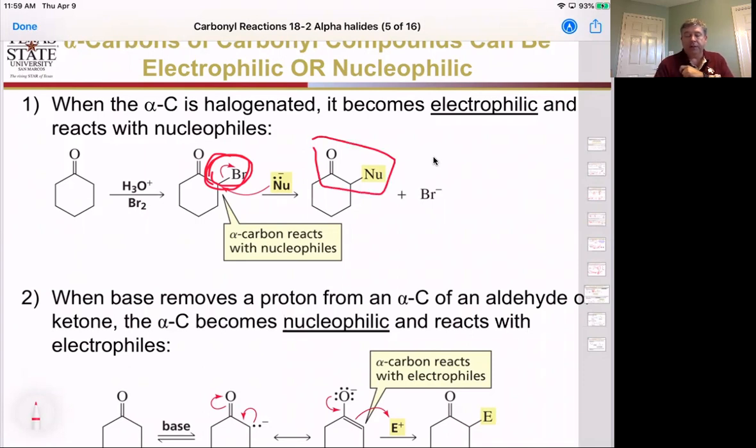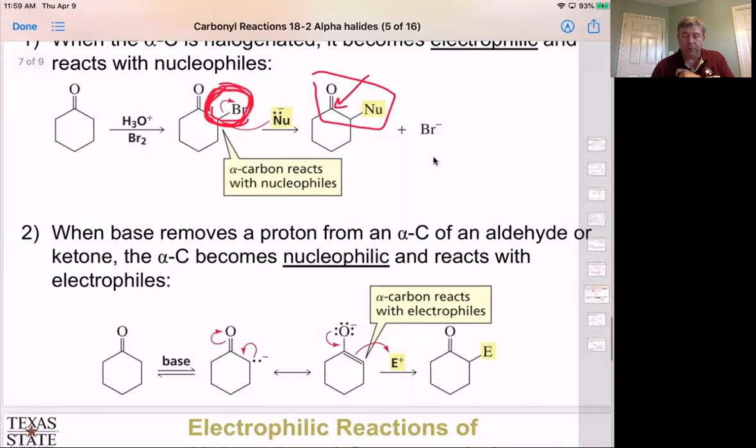So we've actually started with our carbonyl compound. If we didn't have this halo compound right here and reacted with a nucleophile, it would attack at the carbonyl compound. But because we generate this alpha halo compound first, we can then displace that halo and generate our alpha nucleophilic attack site.